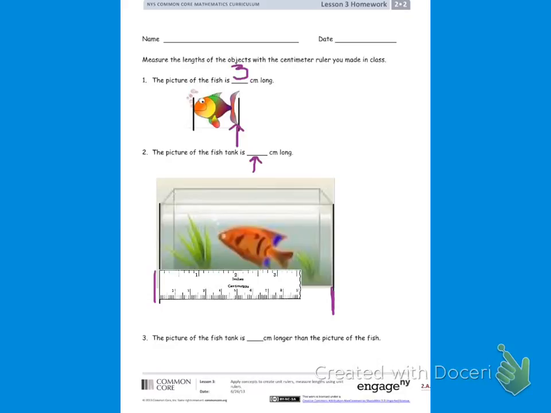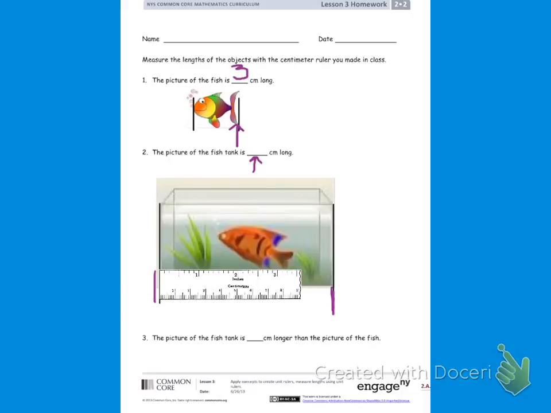Number 3, it says the picture of the fish tank is blank centimeters longer than the picture of the fish. This is a little bit confusing because there are 2 fish shown.